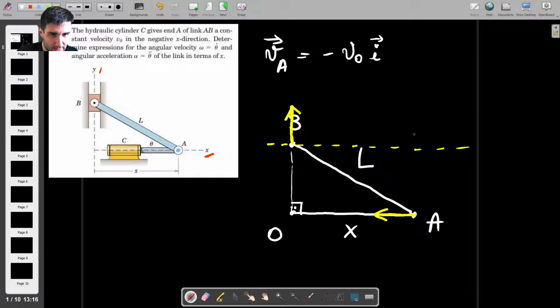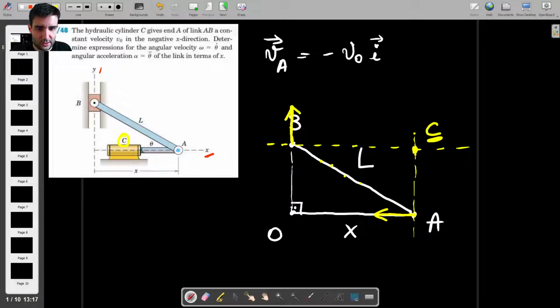One is going to be like this, one is going to be like this, and we're going to end up with this point here, which I'll call C. The C is the hydraulic cylinder, but we don't really use that, so we're going to call this point C. Now, as a reminder, while this is the instantaneous center of rotation of link AB, it means that every single point on this link is, for a moment, rotating about C with the same angular velocity omega, which we don't really know yet, but we can find. So let's see how we can do this.